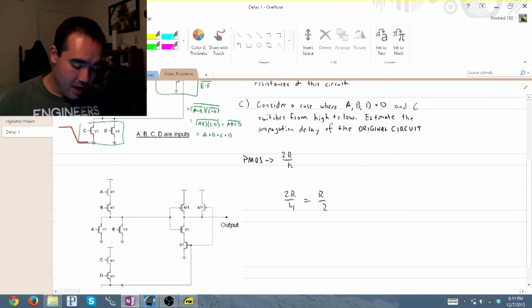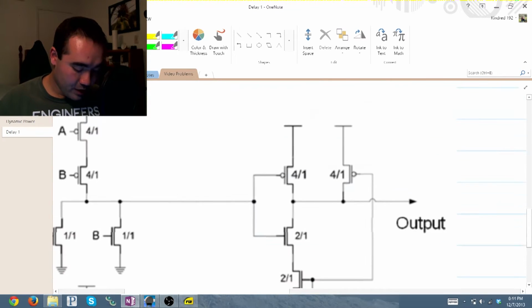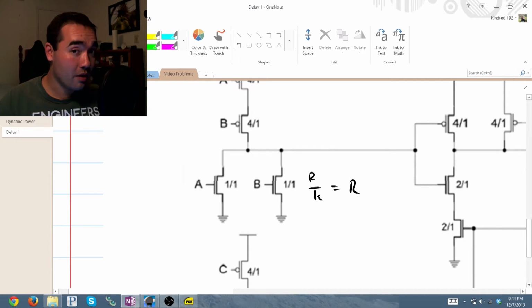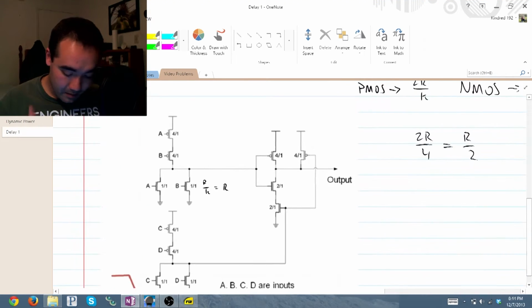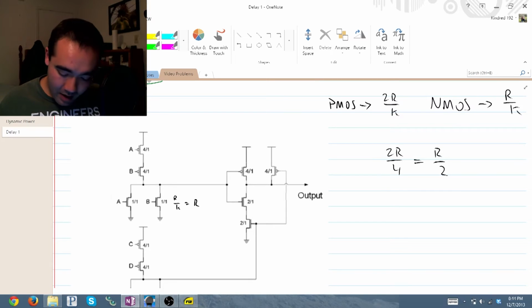And remember also that with NMOS, it is simply R over K. So if we look at these two transistors down here, R over K is just equal to R. So let's look at what the deal is with this top half of the circuit.